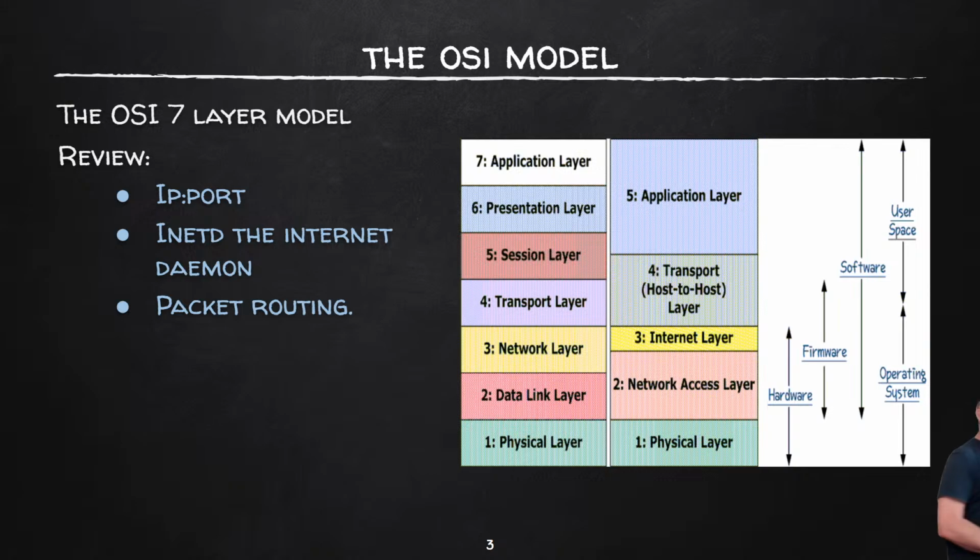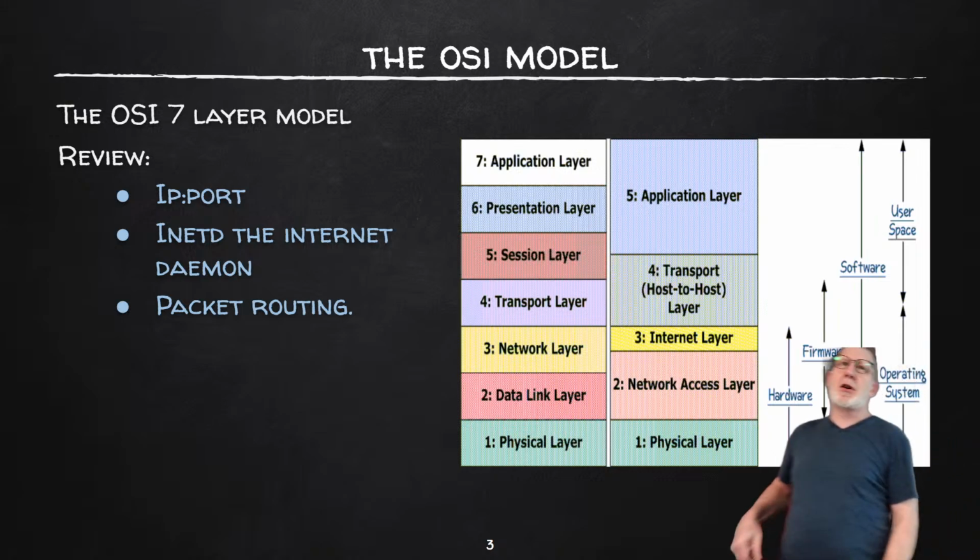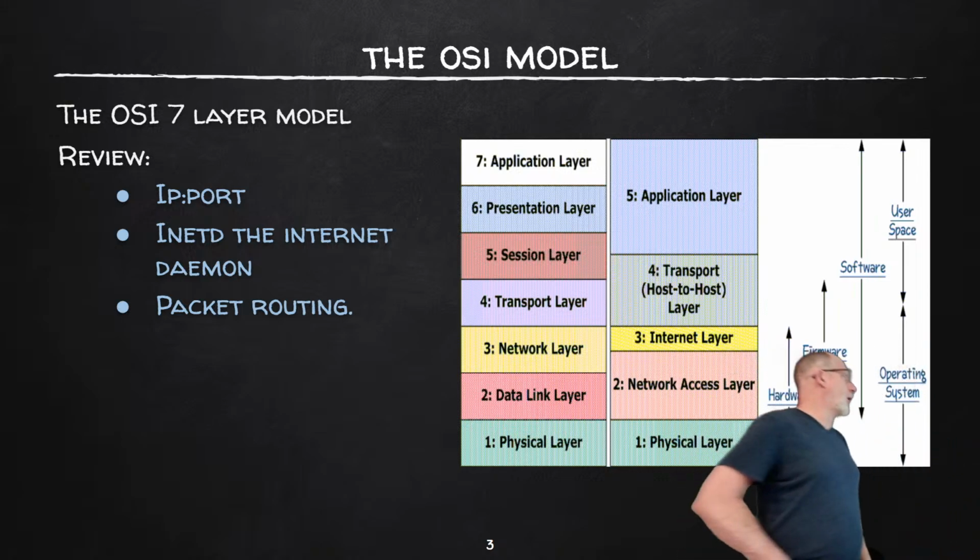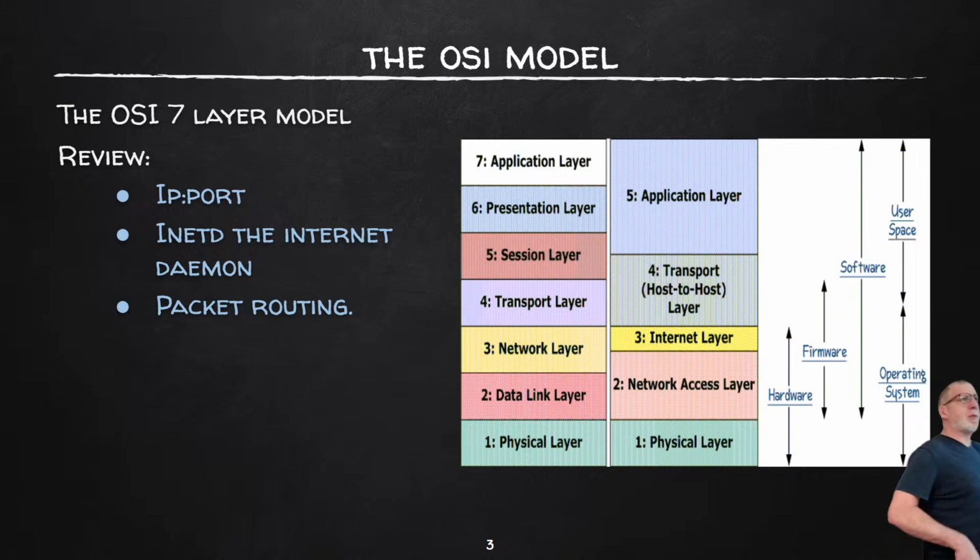The way this all works, very much like I was talking about the other day, from our programming perspective, is to make two machines talk to each other, you need to know their IP addresses and their port number. They can each open up a connection to each other. All of that gets routed through what we call the internet service on a Windows machine, or inetd on a Unix machine.